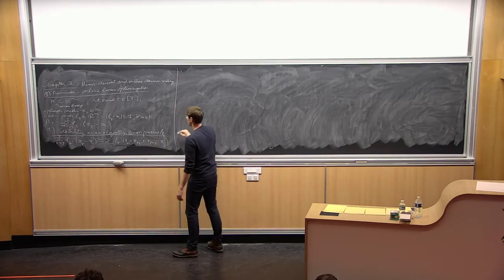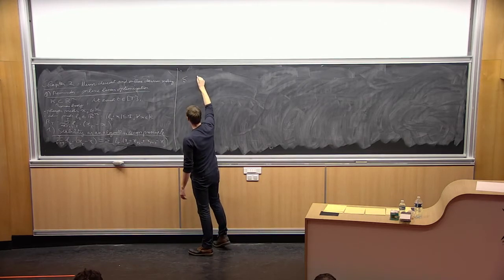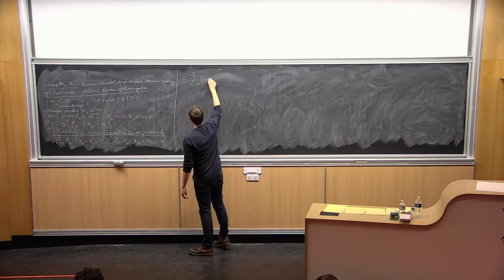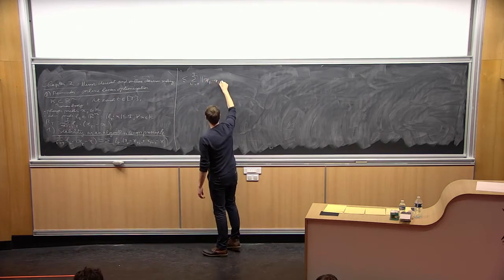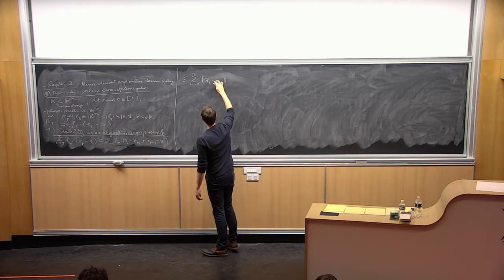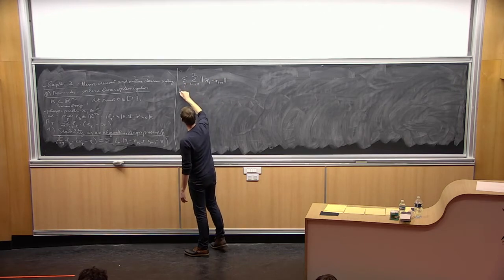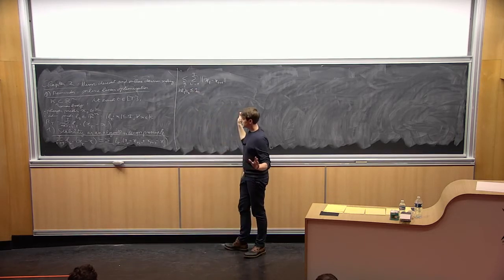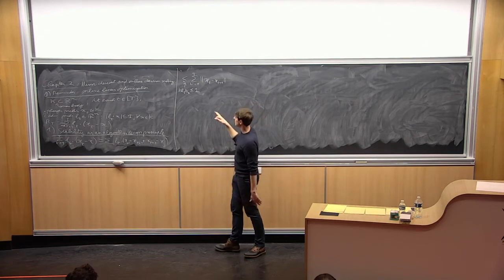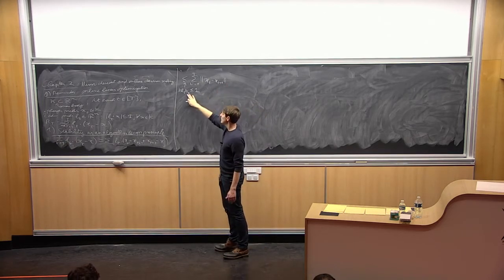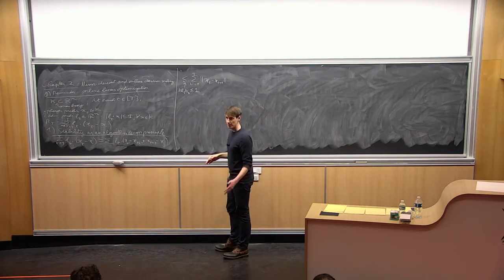So now this is bounded by two terms. I get the sum for t equals 1 to capital T of the norm of x_t minus x_{t+1} in some norm, assuming the dual norm of l_t is bounded by 1. This discussion is more general than playing on the simplex, but to apply it on the simplex, just think that this norm is the L1 norm and the dual norm is the L infinity norm.